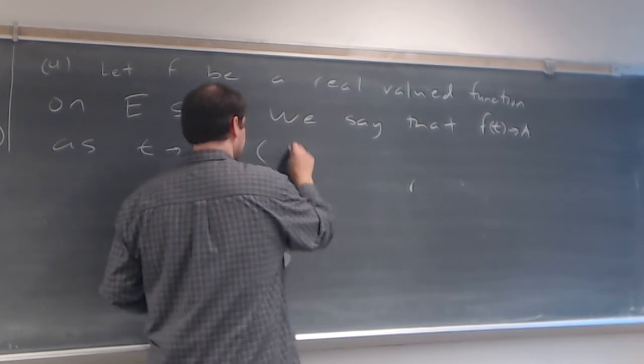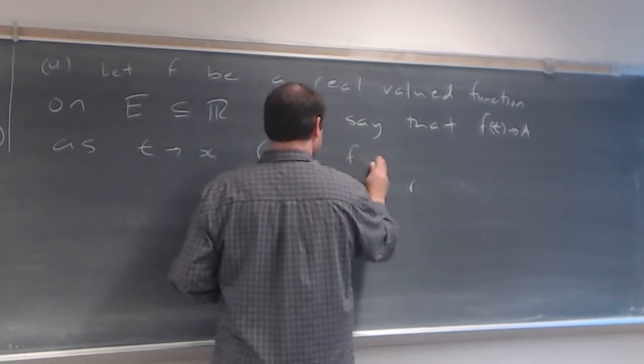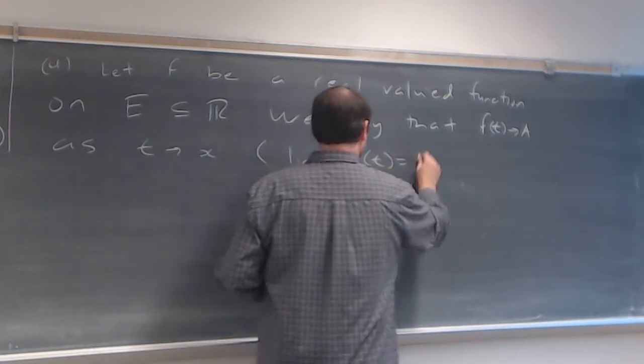This can be written as the limit as t goes to x of f of t equals A.